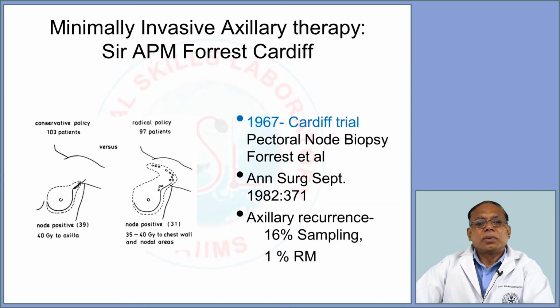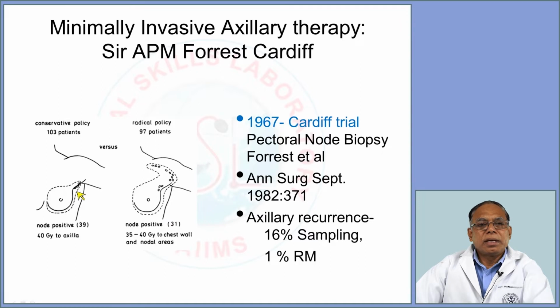So surgeons tried to evaluate the axilla by some minimal access approach, and this was the study by Sir A.P.M. Forrest way back in Cardiff in 1967 in Wales in United Kingdom. He performed a study called pectoral node biopsy or axillary sampling, published in 1982.